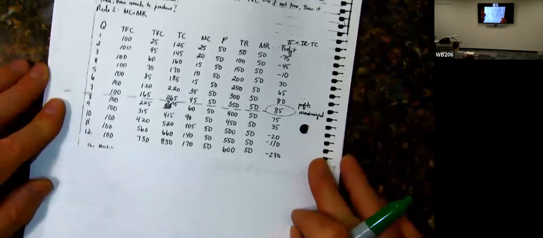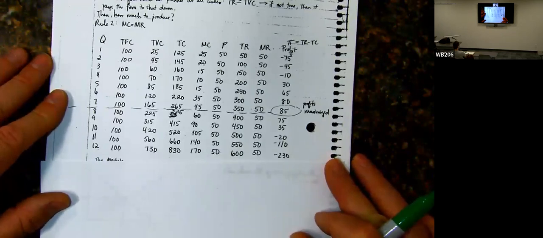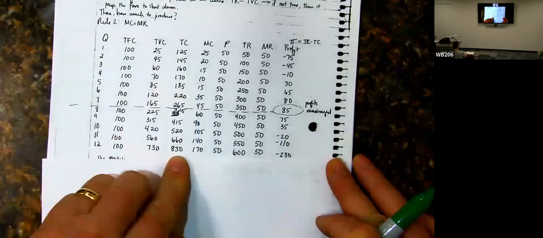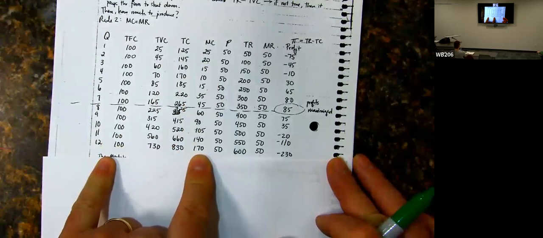So you do this again. Here we're going to show a larger expression of this. So here we have a table that is showing the total fixed costs, the total variable costs, the total costs, and the marginal costs of producing a particular good.